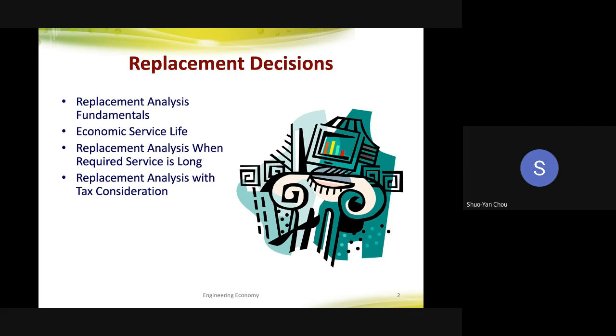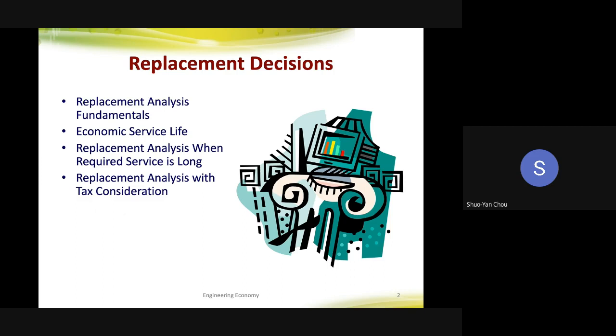Okay, so there are these different issues involved in replacement, and in the end, we can also consider the tax. Probably not going into detail. You probably understand that there's a depreciation consideration on the asset, and so it will have different tax consideration.